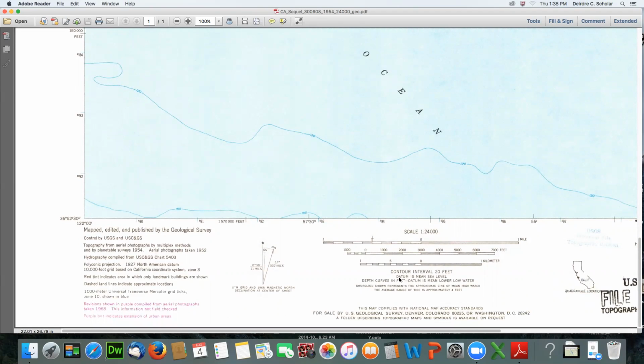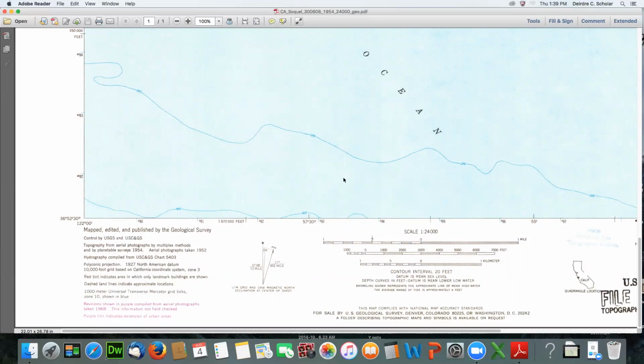The datum for the ocean areas is, actually, it says datum is mean lower low water. That's the average of all the lower of the low tides over a 19.6-year period, which has to do with lunar cycles. And that's what they're calling zero for the depth curves.